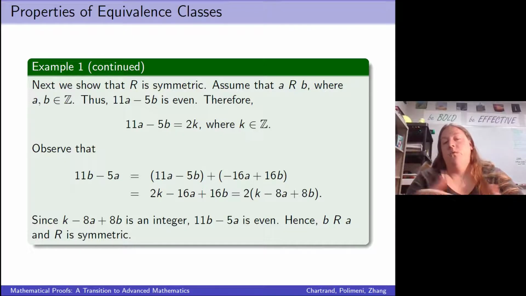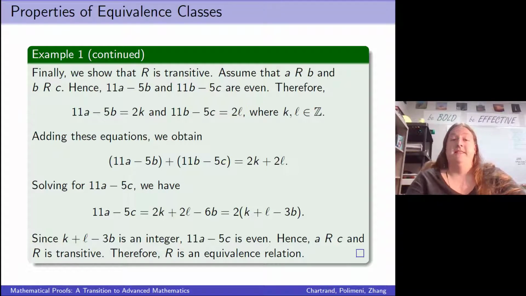And then what I have is 2 times the quantity k minus 8a plus 8b. And since k minus 8a plus 8b is an integer, then 11b minus 5a is even. Therefore, b is related to a. So I know that my relation is in fact symmetric.